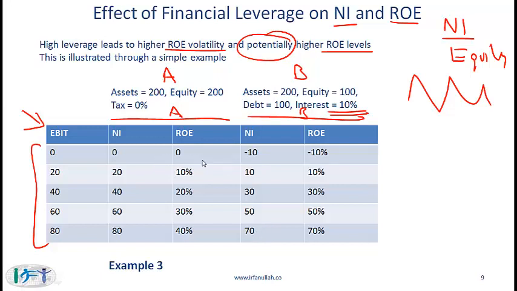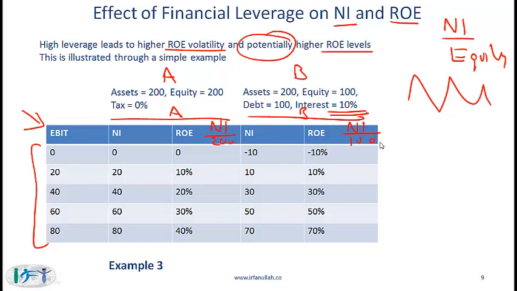The ROE is the net income divided by equity. For company A, we are going to divide net income by the equity, which is 200. For company B, we are going to divide net income by a much lower equity number of 100.